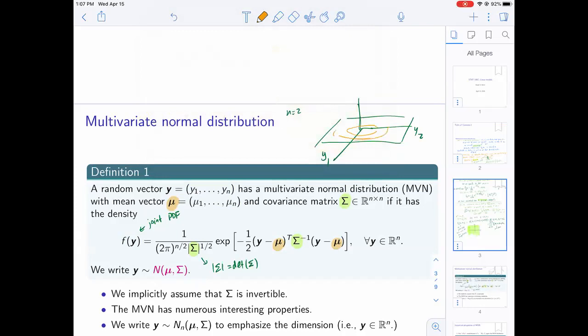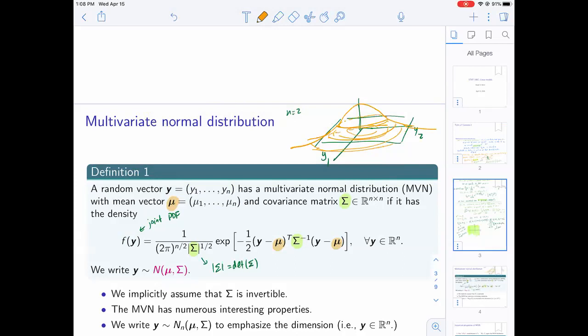It would have a shape like this, spherical all around. The center would be at mu, and the covariance matrix determines the shape, so how much it spreads across the space.